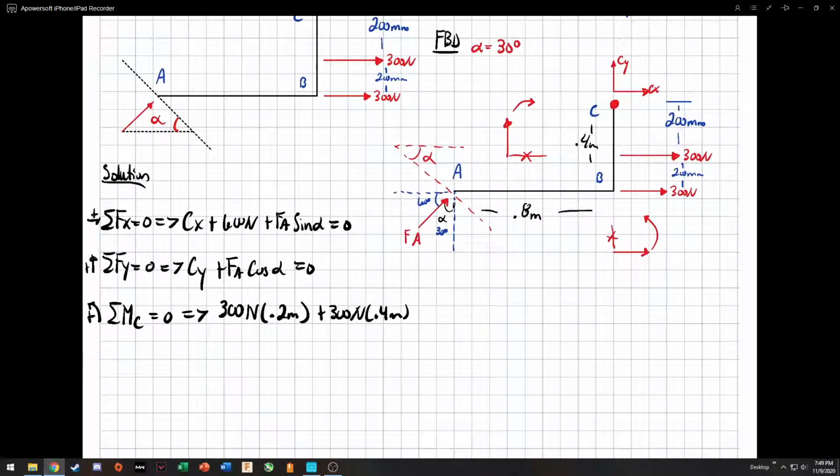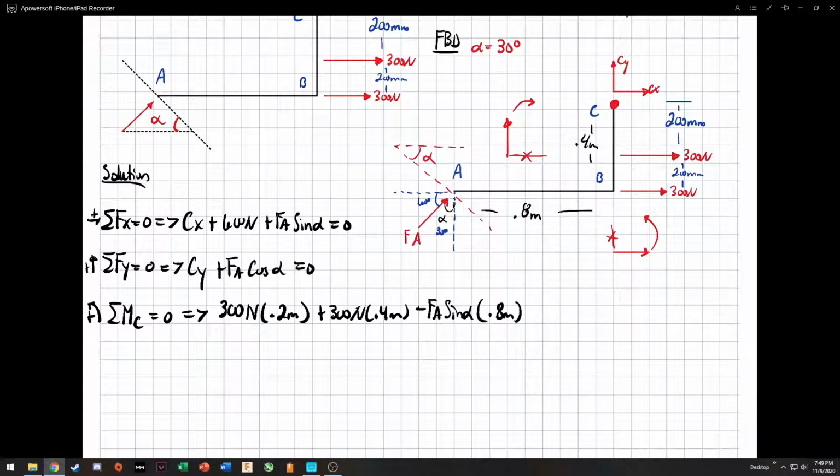So at F_A, if we're looking at a force going up in the y direction, our perpendicular distance is going to be in the x direction. So it's going to be this 0.8 meters right here. We're going to have a negative force in the A direction because it's going to be a clockwise rotation. Now this is going to also be with sine alpha times 0.8 meters.